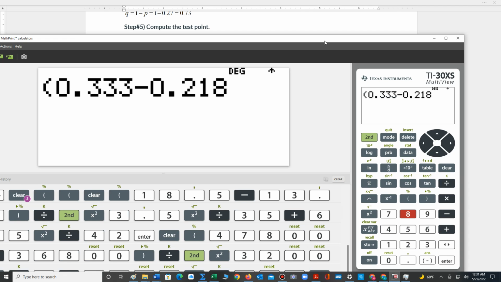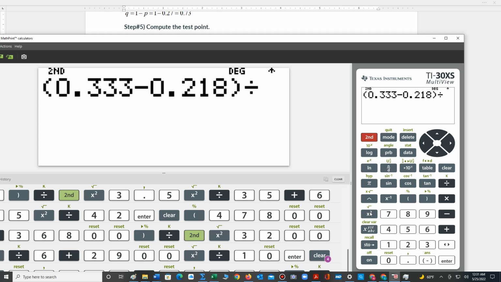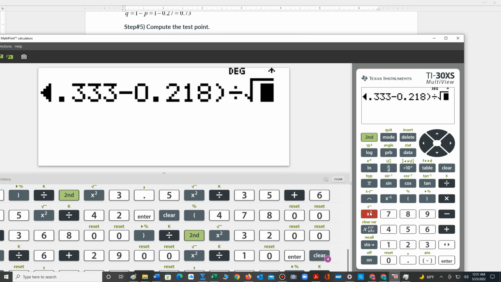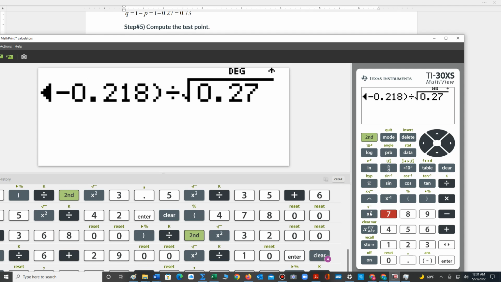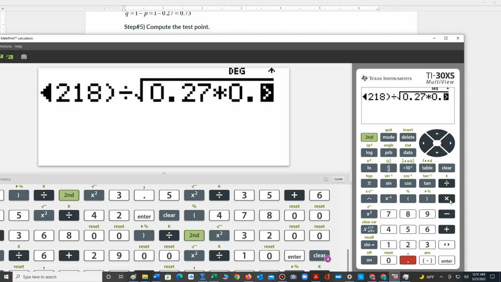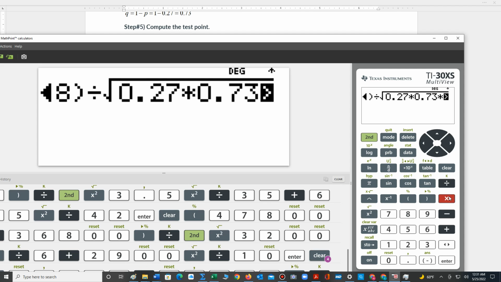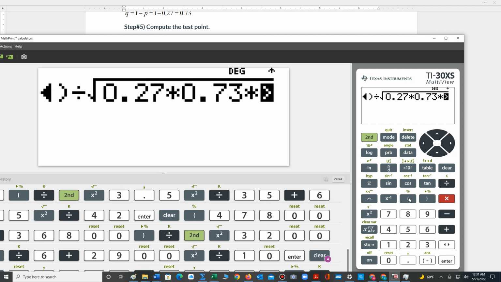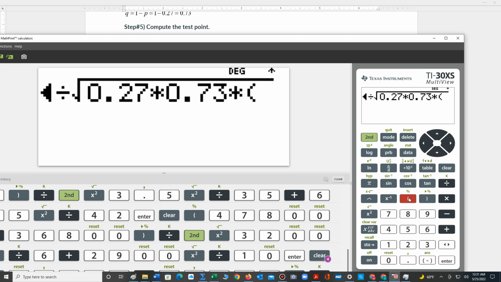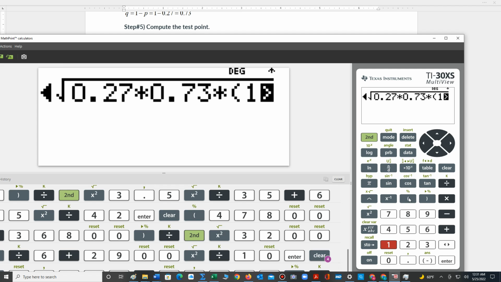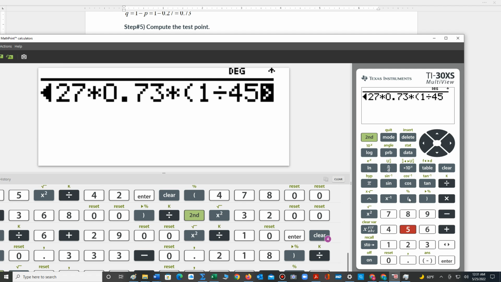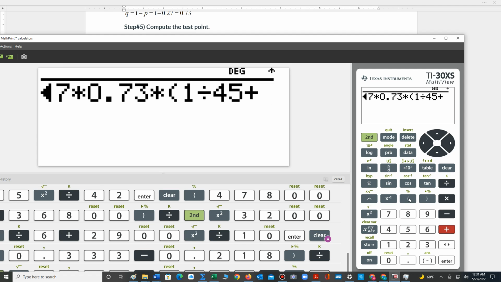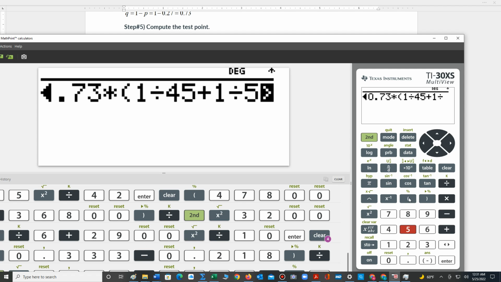Then I close the parentheses, divided by the square root, and I keep everything inside the radical: 0.27 times 0.73 times, and inside the radical I include parentheses, and I type 1 divided by 45 plus 1 divided by 55.